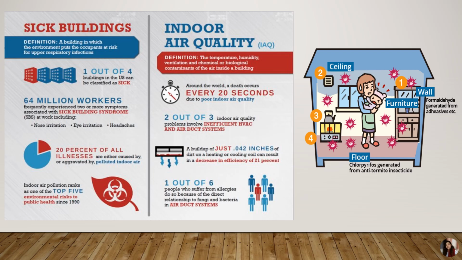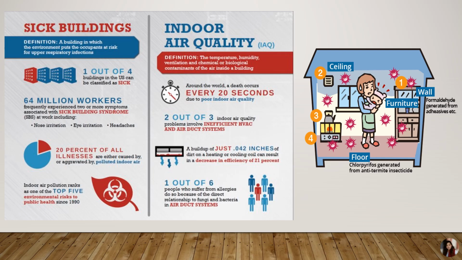So 20 percent of illnesses are caused by this aggravated, polluted indoor air. Since 1990, indoor air pollution ranks as one of the top 5 environmental risks to public health. So this has reached a stage where we have to start thinking about it. So why indoor air quality?